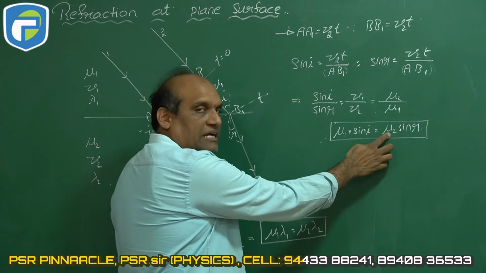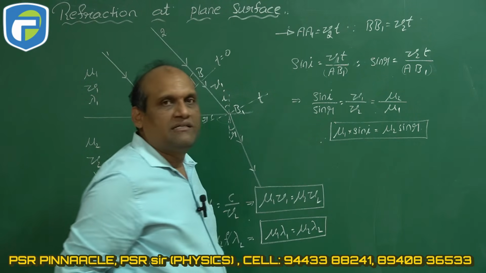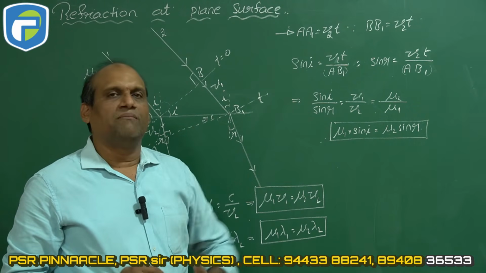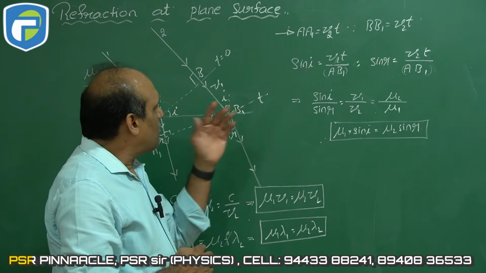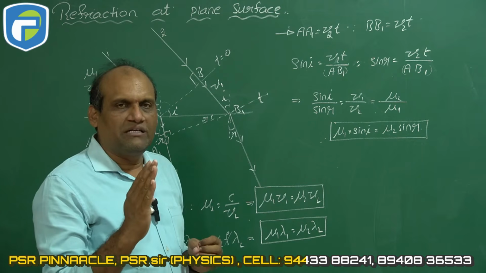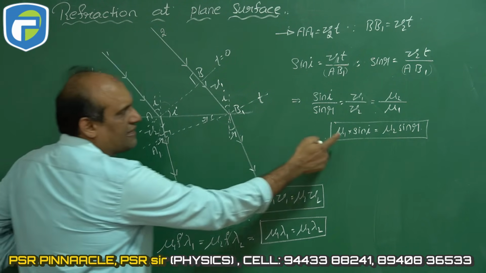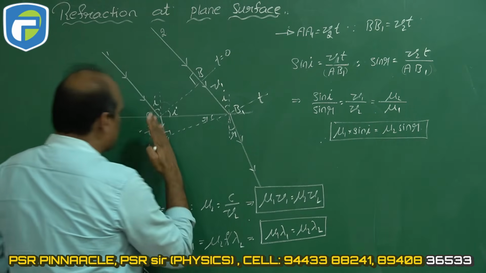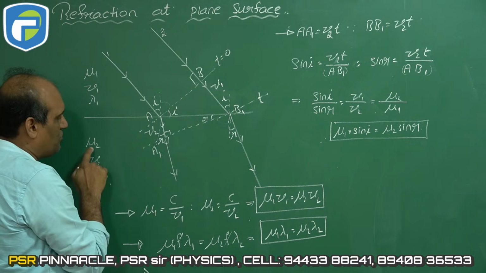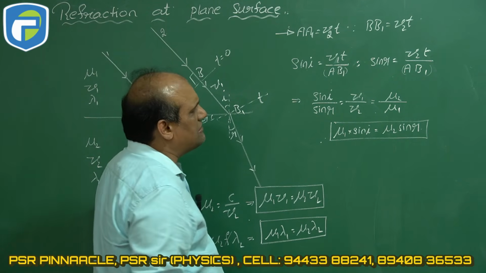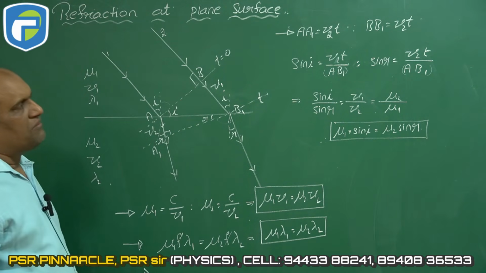Higher the refractive index, lesser the angle. Lower the refractive index, higher will be the angle made by the light ray with the normal. So that's what, light ray bends towards the normal or away from the normal. If mu2 is higher, R will be lesser. And if mu2 is lower, R will be higher. So these three are my base formulas.